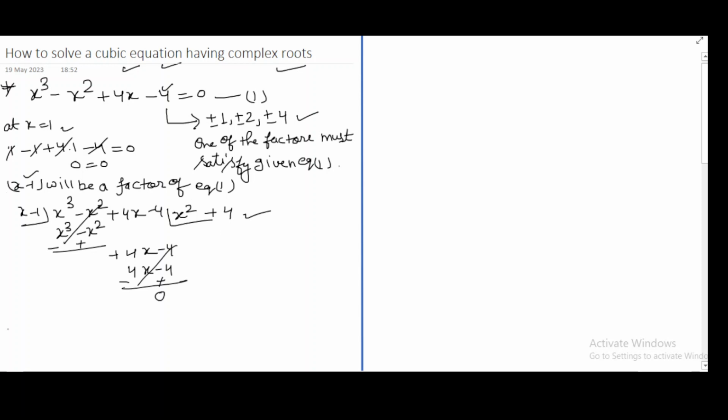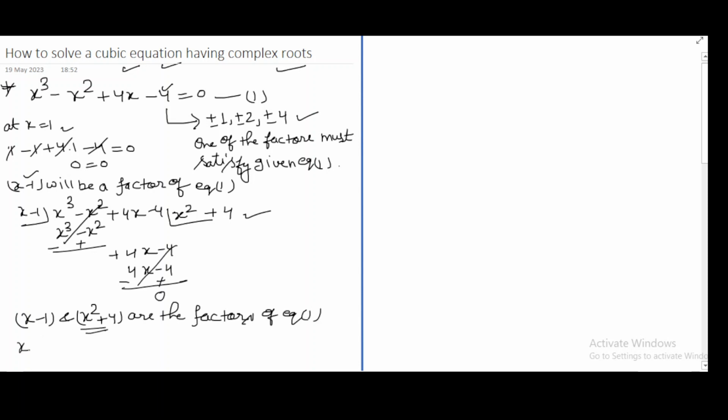So now we have the factors of equation 1: x minus 1 and x square plus 4.